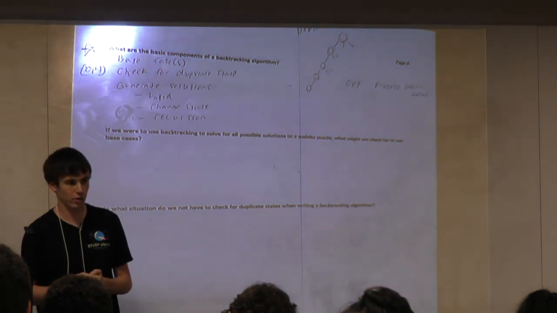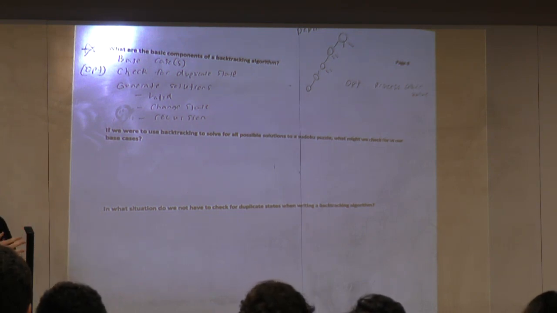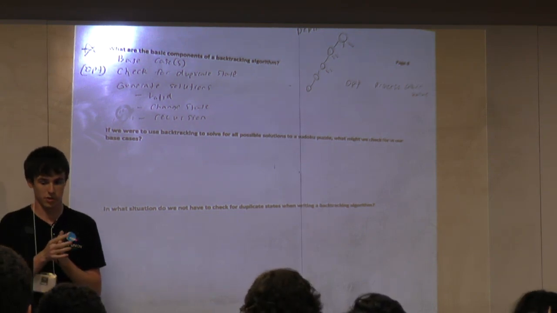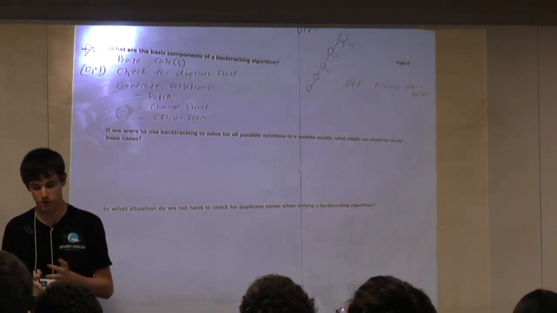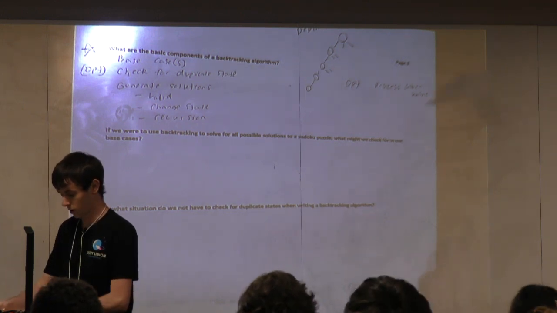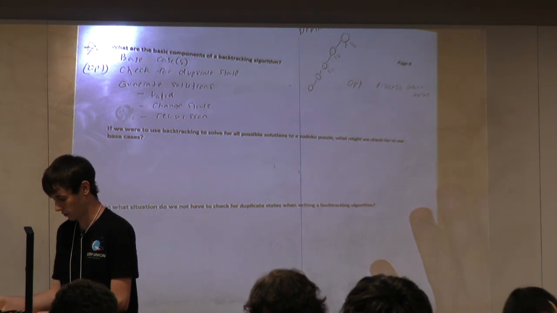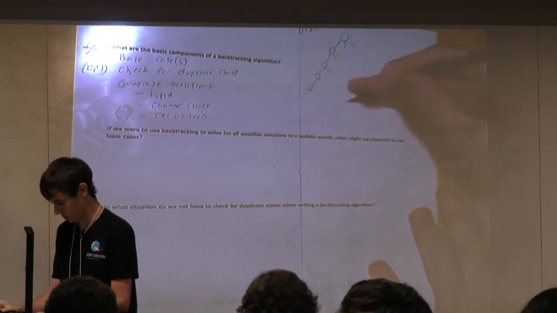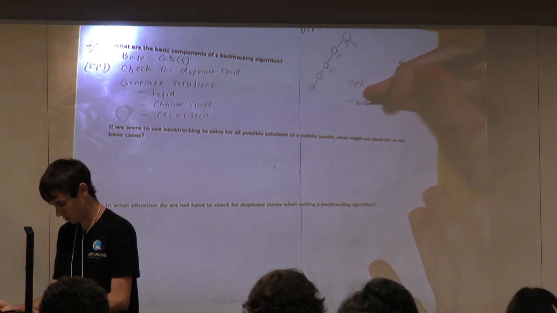Not every backtracking algorithm has to have a return value. For example, if you're printing out a tree or you're printing out a trie, it's still technically backtracking, but you're not processing any returns because you're just printing it out. This is determined by whether you have a void function or a return value on it. And then your last one is to undo your backtrack, undo your state change.